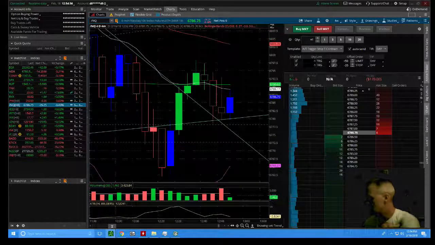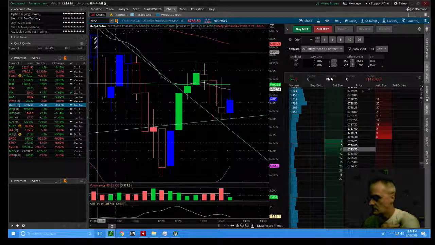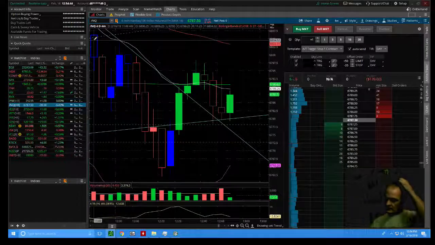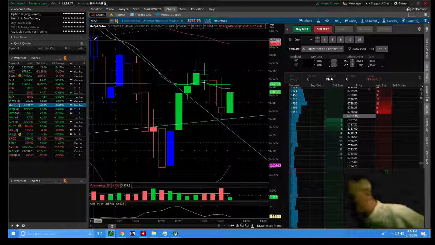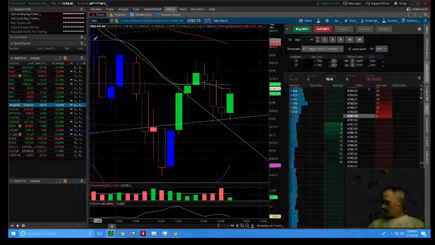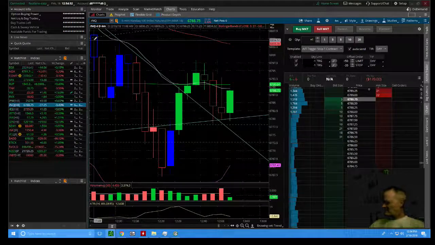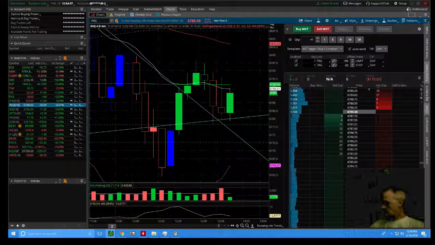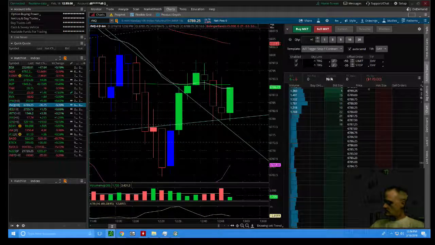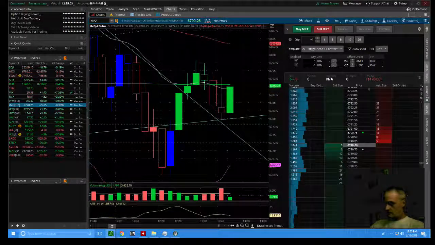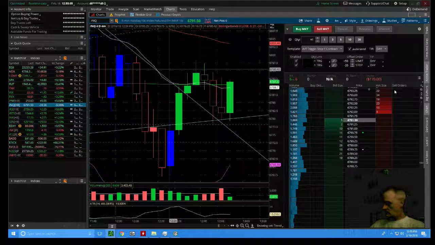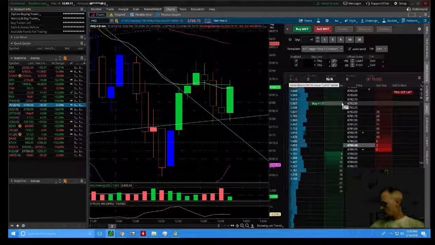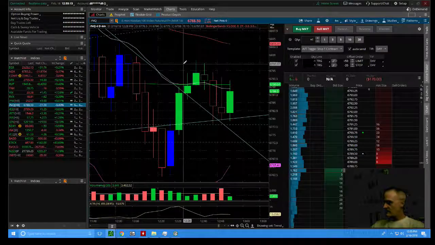So what that really means is I'm looking for setups where I can sell, where I can short this contract and get a good trade location. Although, I don't know right now. I mean, this is kind of telling me a different story.